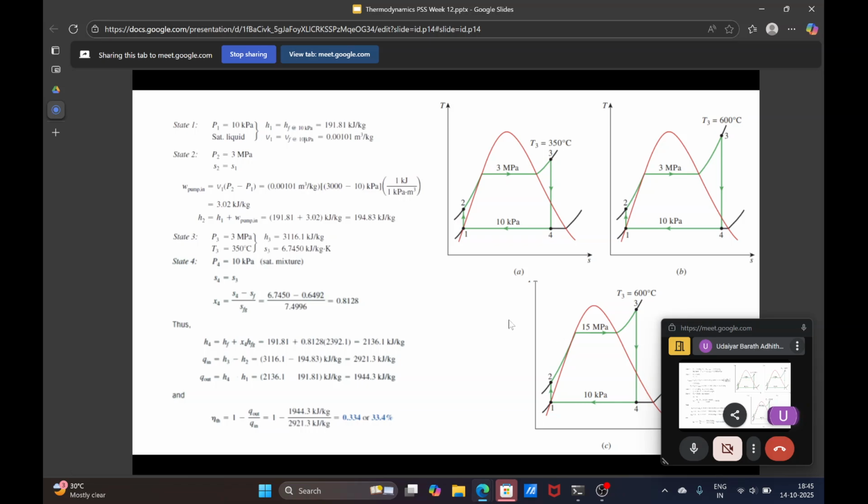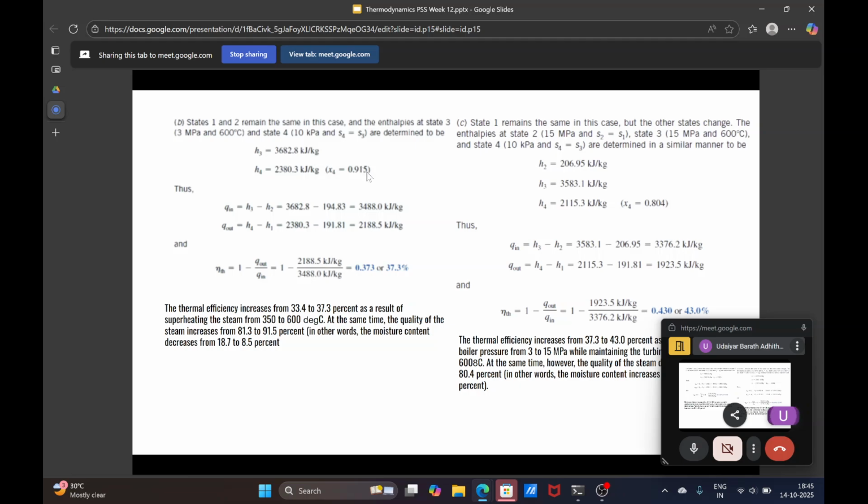So that's what is needed. From 81% it has now jumped to 91.5%. So the corresponding enthalpy at this point is 2380.3 kilojoule per kg. So the Q in, the heat added, is H3 minus H2.